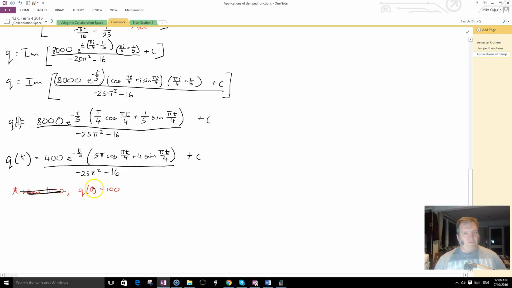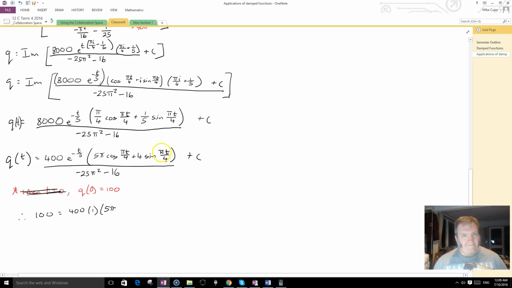We're going to use that little bit of information. Q of 0 equals 100. So 100 is going to equal 400 e to the negative 0 over... Oh, good, that's going to go to 1. So that's pretty easy. And what have I got? I've got 5 pi cosine of 0. Cosine of 0 is 1, isn't it? Okay, so that's 5 pi. That's nice. Plus 4 sine 0.